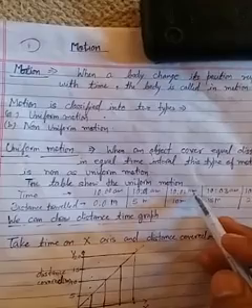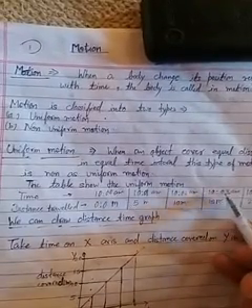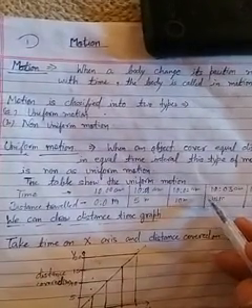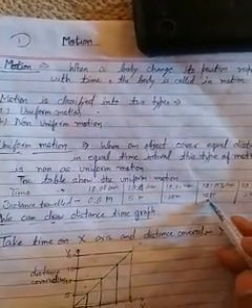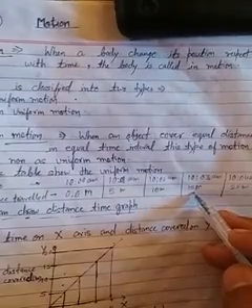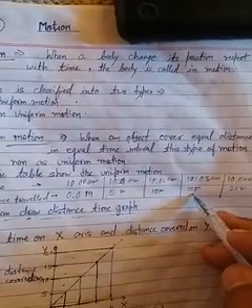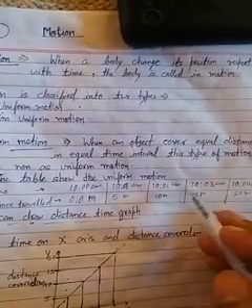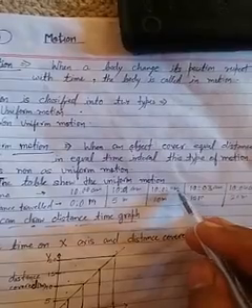And in the next 1 minute it traveled the next 5 meters, and then it reached 15 meters. So in this example we can see that a body is traveling 5 meter distance in every 1 minute.